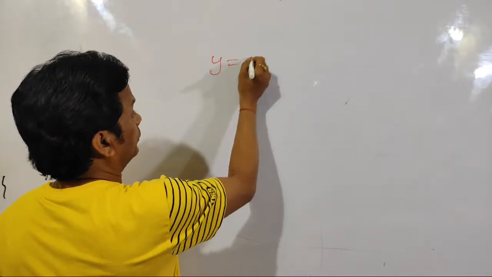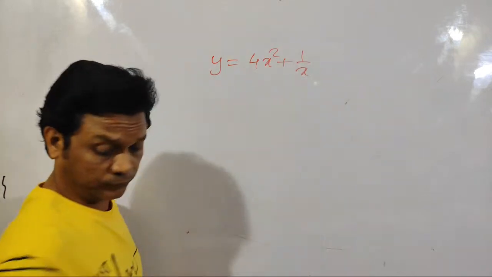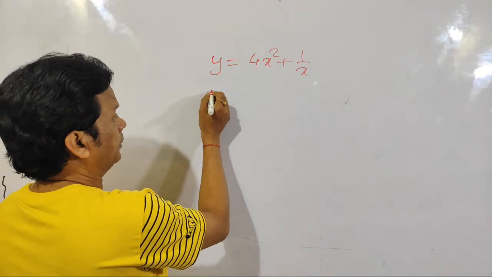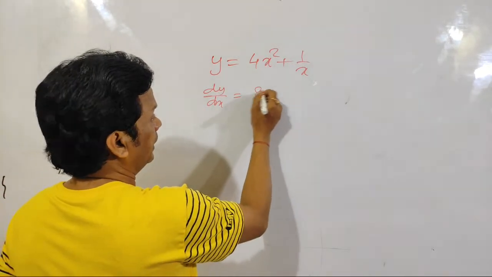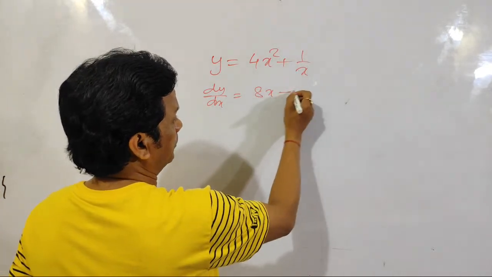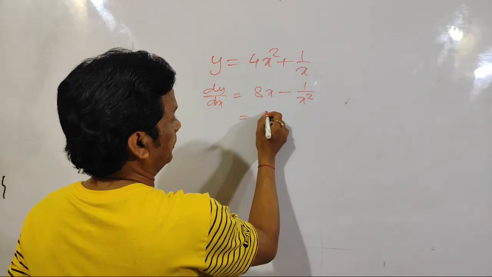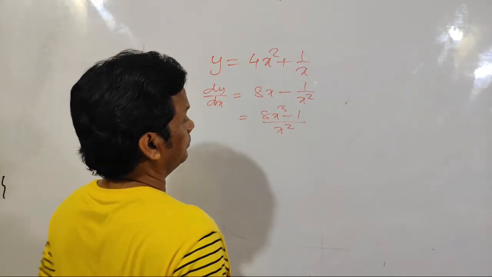Y is equal to 4x square plus 1 by x. The question is this one. See here. So what is the derivative? First of all, you want to find out the derivative. It is 8x and the derivative of 1 by x is minus 1 by x square. So take the LCM. It will be 8x cube minus 1 by x square.